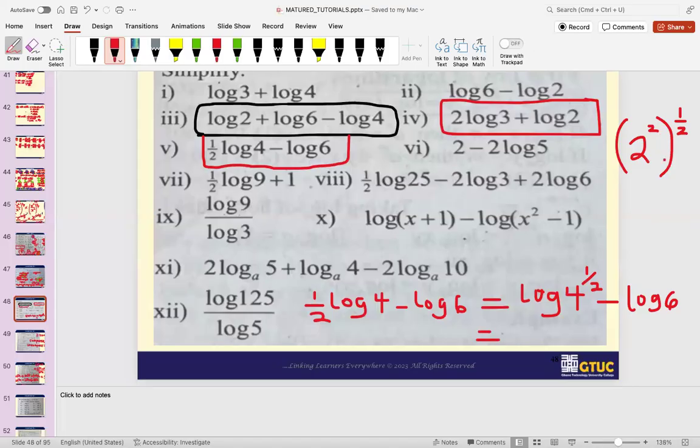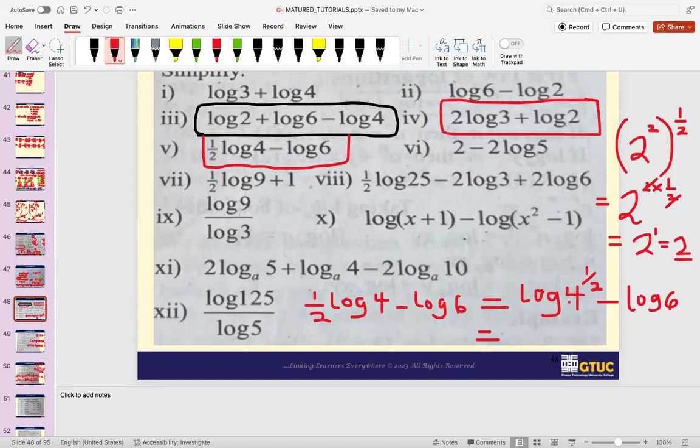Remember the third law of indices. This one can be written as multiplying the powers, 2 times half. So this and this will cancel, and you have 2 raised to the power 1. And any number raised to the power 1 is the same number, so that is 2.